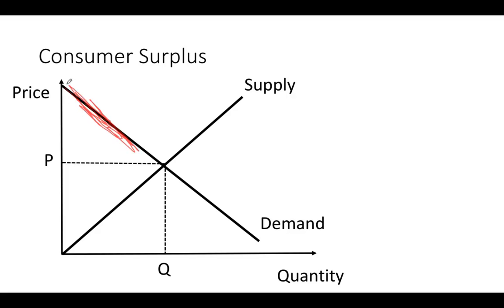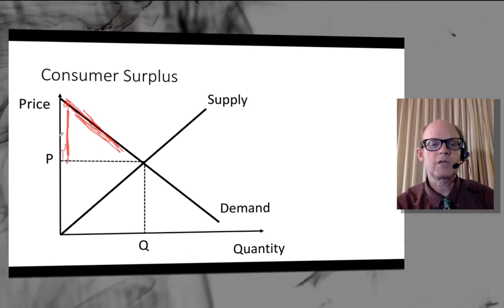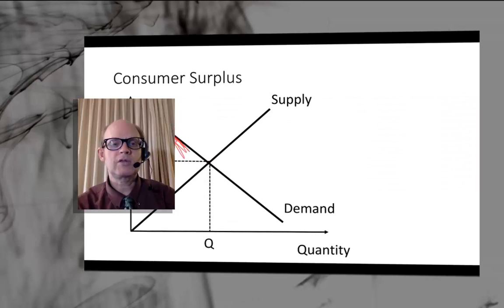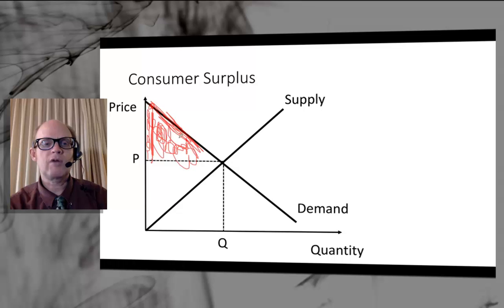So if a consumer is willing to pay an amount way up here, and the equilibrium price was way down here, that buyer is really excited. They get a large benefit. They value the good, would be willing to pay this amount, but only had to pay this price, the equilibrium price. So you can fill in this whole area and get the consumer surplus for all the buyers.